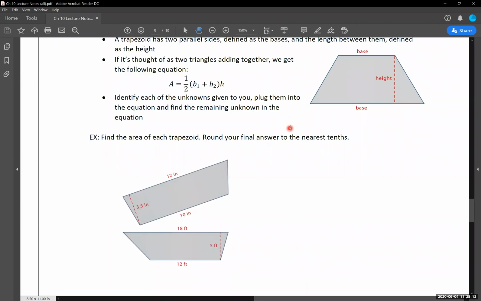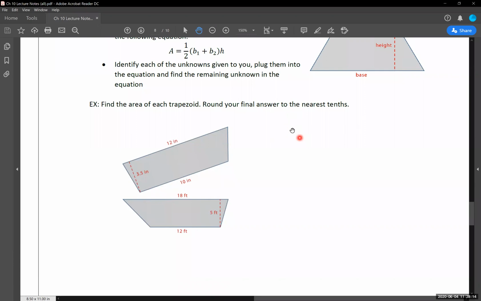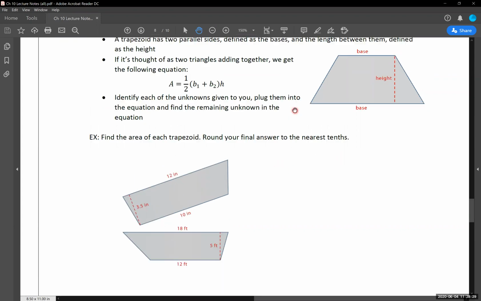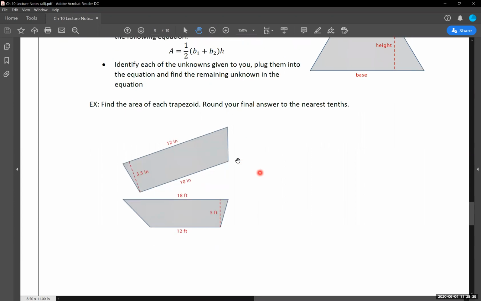Again, I think the big part that trips people up with these is people try and speed through that and just plug in numbers arbitrarily into some part of the equation, or people are not using the correct equation with what they are working with. So again, it's a pretty straightforward process. Identify what we do know, plug it in for that respective variable, and solve for what's left over.